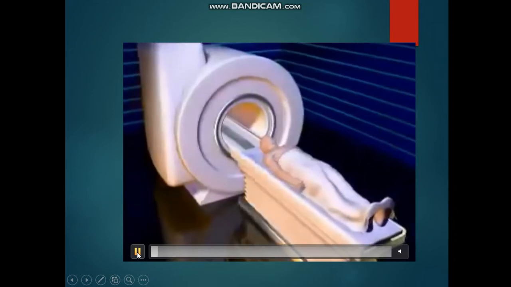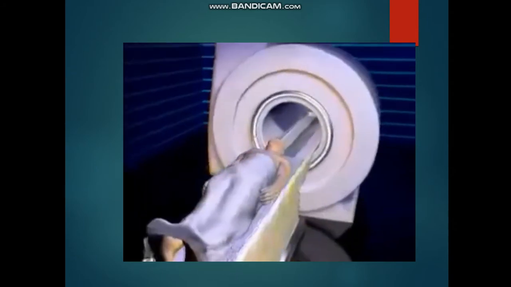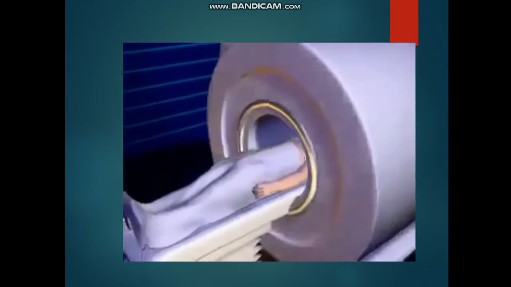In this picture you can see the principle of production of magnetic resonance tomography. As you know, the basic principles of magnetic resonance imaging depend on the fact that nuclei of certain elements align with the magnetic force when placed in a strong magnetic field, as you can see here.